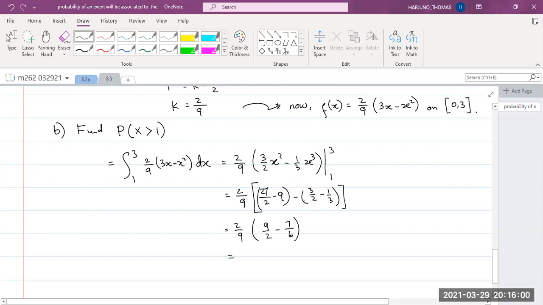Okay, so that is 27 minus 7, that's 20, so 10/3. That's 2/9 times 10/3. So this will be 20/27. That's the probability.